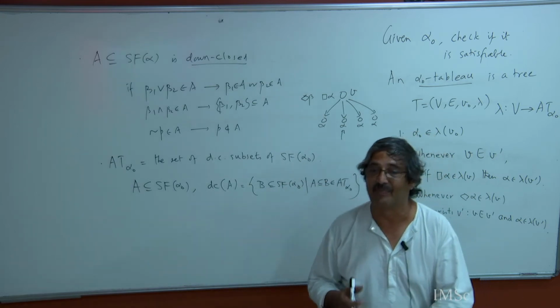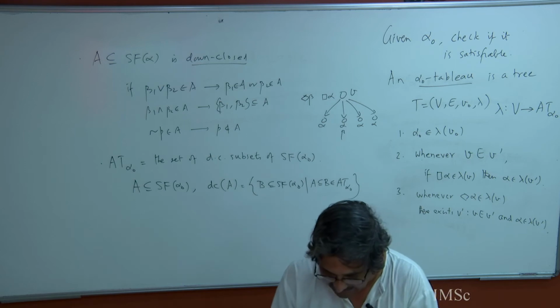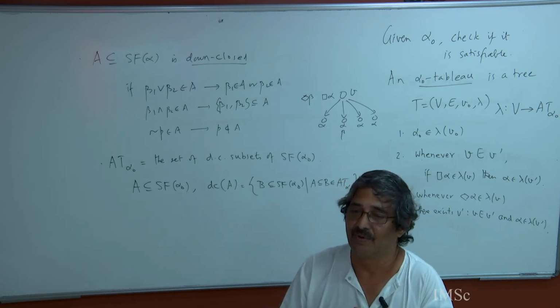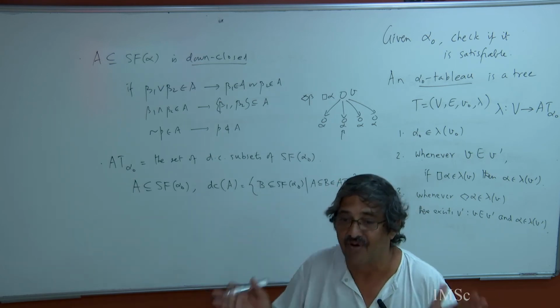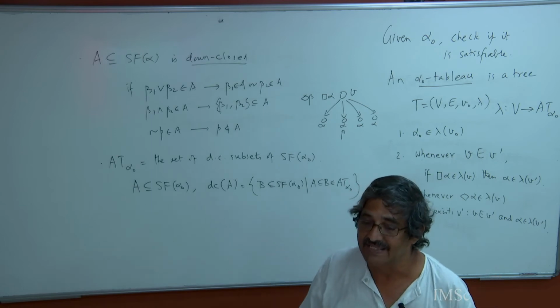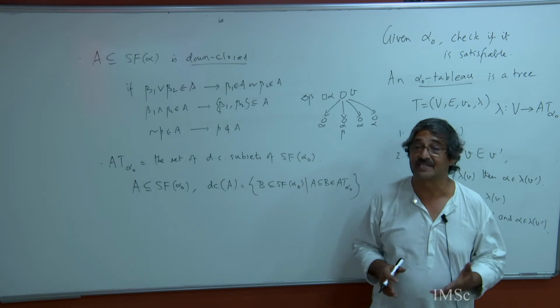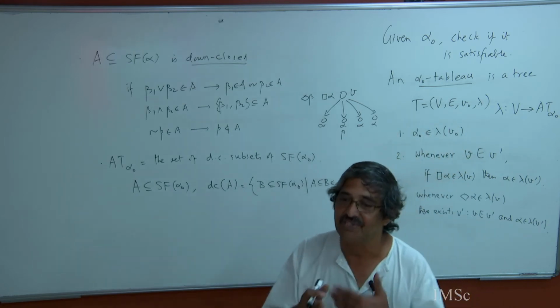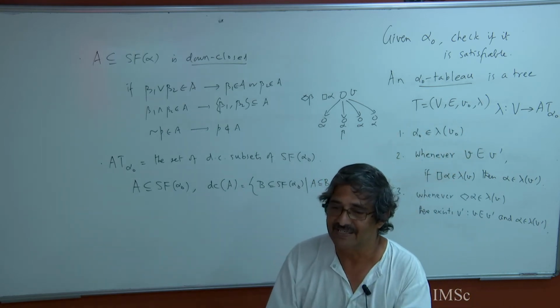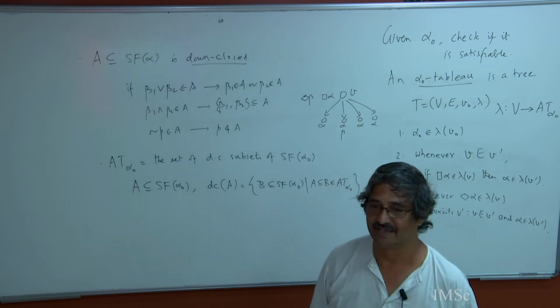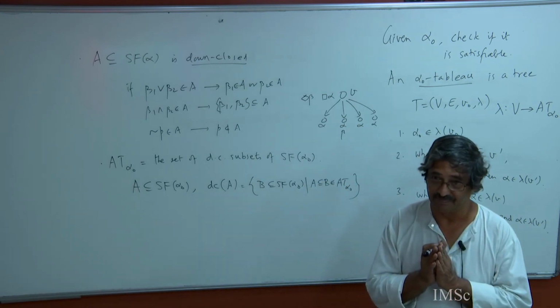So this is really the point. My algorithm tries to construct a tableau, and if it succeeds, the formula is satisfiable. If it does not succeed, it is because the given formula was not satisfiable. Of course, these are examples and we need to prove this formally. But is the idea clear?